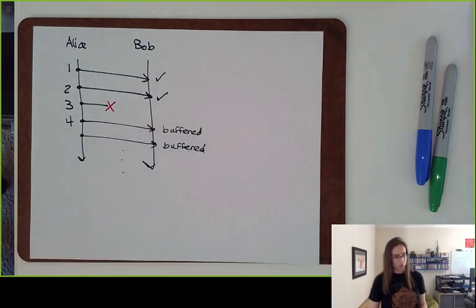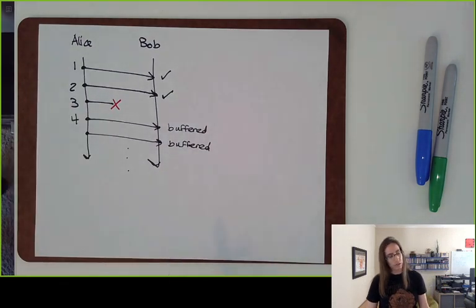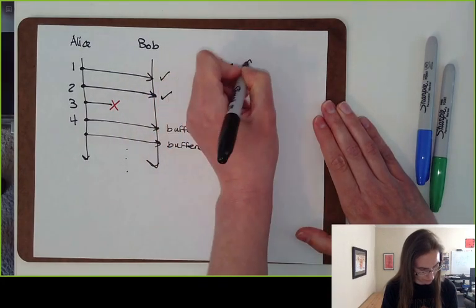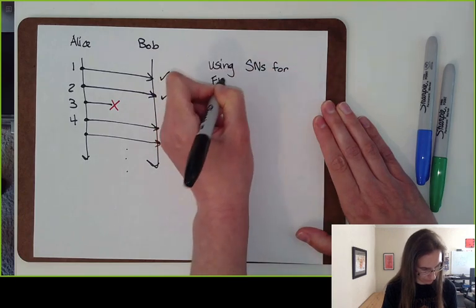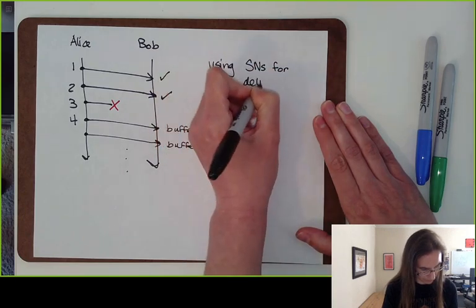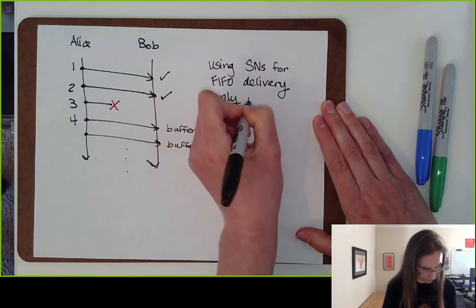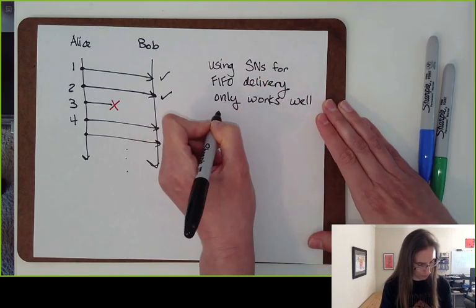So this strategy of using sequence numbers for FIFO delivery only works well if you also have what's called reliable delivery.